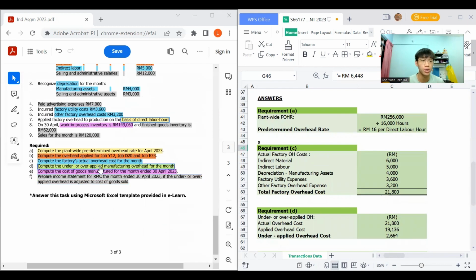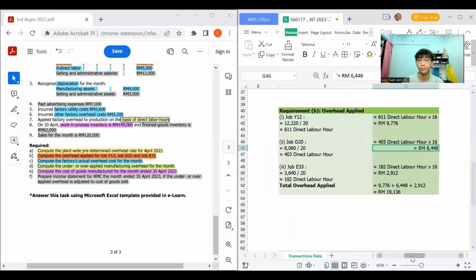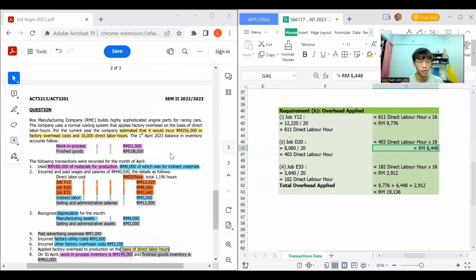Next is question B: compute overhead applied for job Y12, job D20, and job E33. First, we need to know the direct labor hours to solve the question. But the question paper only shows the total direct labor cost and the direct labor rate, that is 20 ringgit per hour.